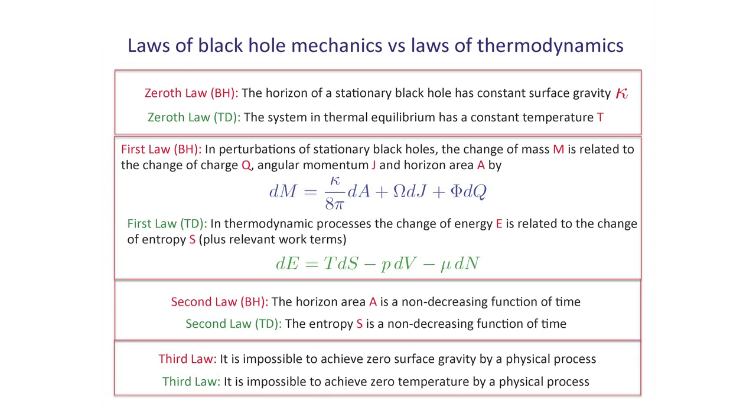The first law of thermodynamics is the law of conservation of energy. It tells us that if you change the energy of a system, then the entropy of the system changes, and there are some work terms around. The second law, which is even more important, tells us that the entropy of a thermodynamic system is a non-decreasing function of time. And the third law says that it's impossible to achieve zero temperature by a physical process.